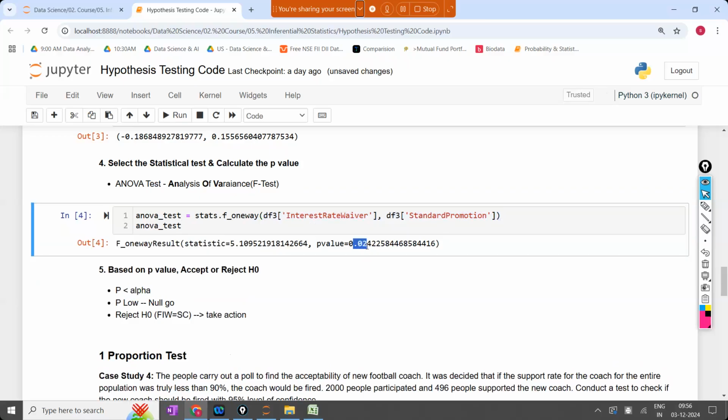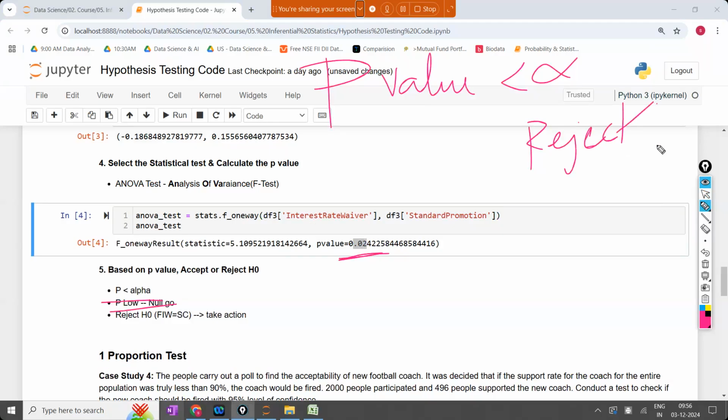Since p is less than alpha, we reject the null hypothesis. If the p-value is less than alpha, then in that case reject the null hypothesis. If the p-value is greater than alpha, you have to accept the null hypothesis. That is the point.